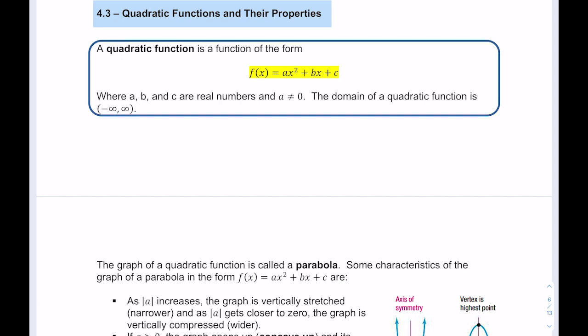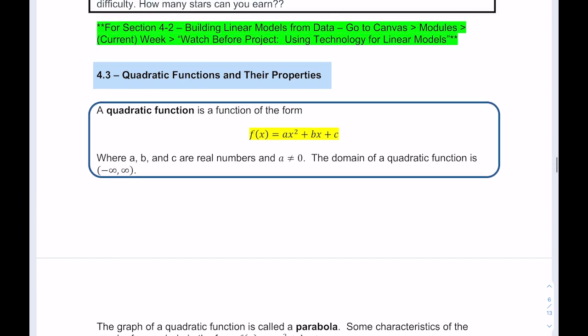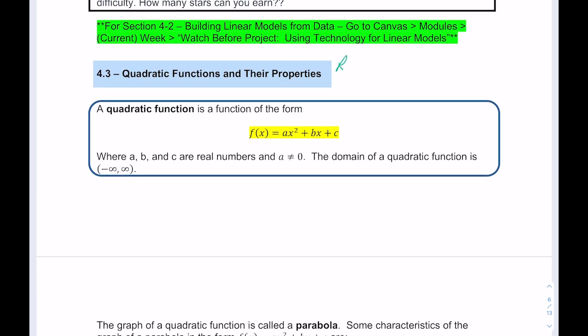So we've been talking about linear functions, and they were in the form of ax plus b. Typically we would use mx plus b. Remember that m was the slope and b is the y-intercept.